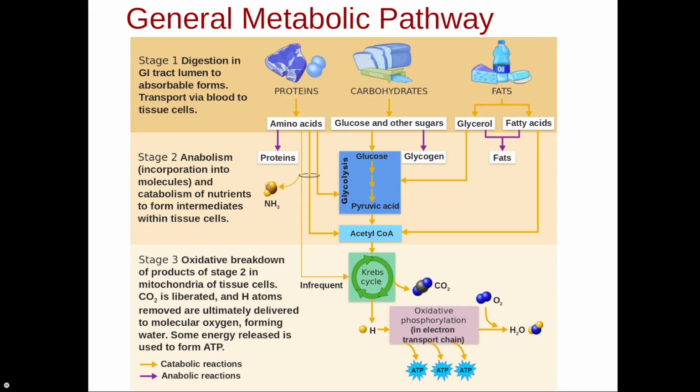It's amino acids from proteins, glucose and monosaccharides, disaccharides from carbohydrates, glycerol, fatty acids, cholesterol from fats. And in the cells we have ability to convert, through small molecules like acetyl coenzyme A, all these sources between each other.